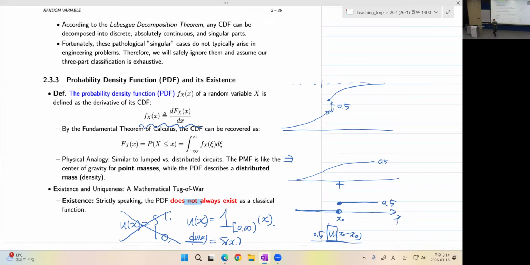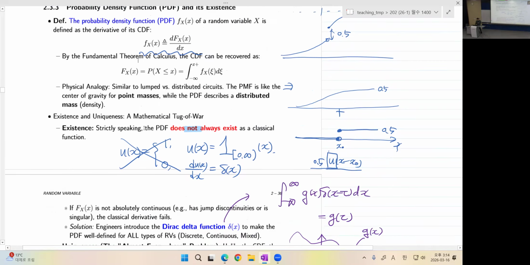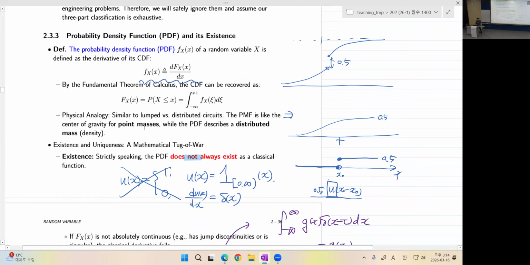And it's also very appealing to electrical engineers who are familiar with handling delta functions. Anyway, this density function, mathematically speaking, does not always exist. However, we may make it pseudo-exist by introducing delta functions.